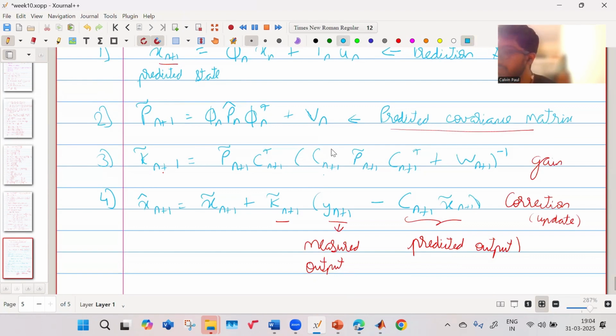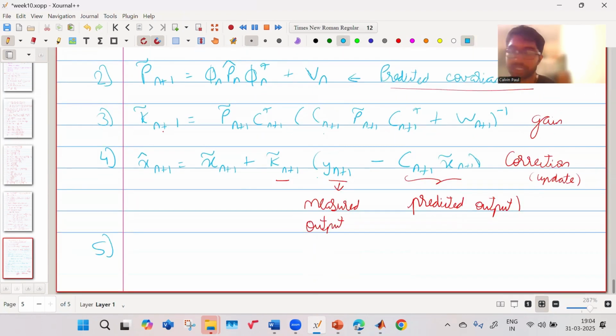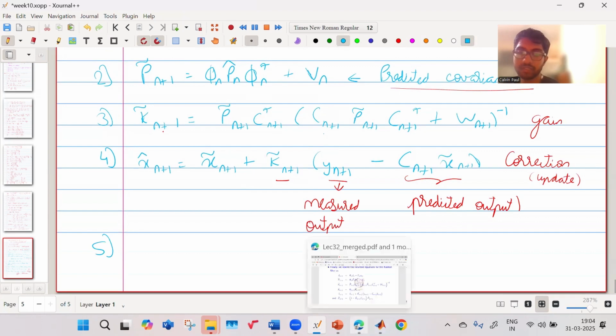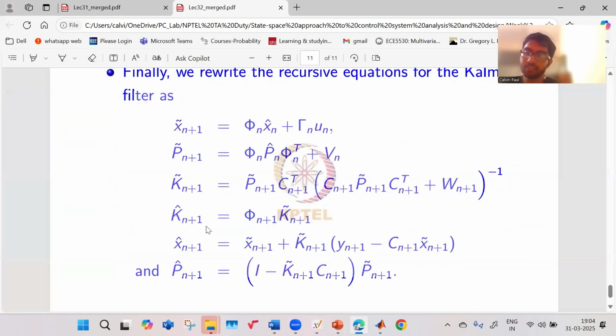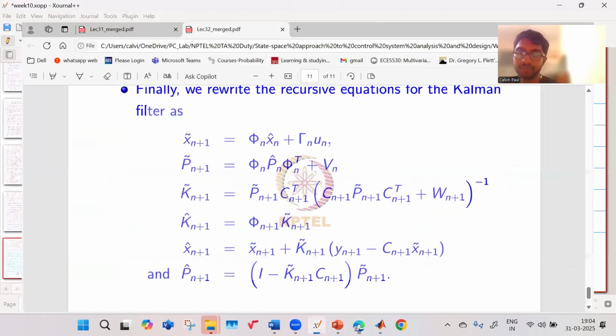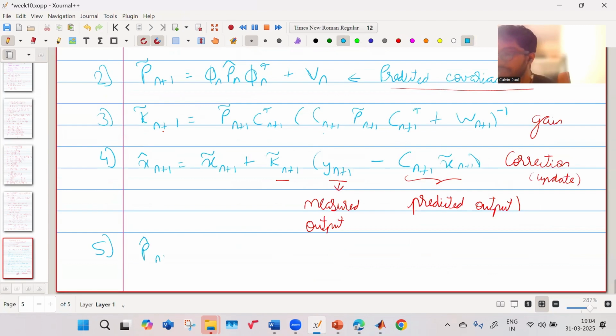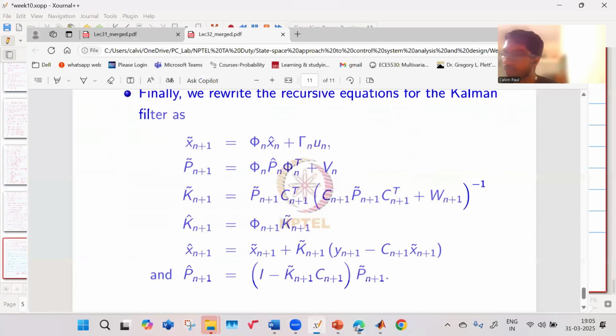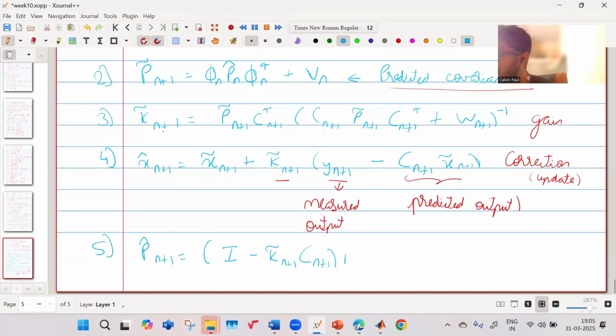After this, we do the fifth step, that is the updated covariance matrix. So we have P n plus 1 is equal to minus K tilde n plus 1 into C n plus 1 into P tilde n plus 1.